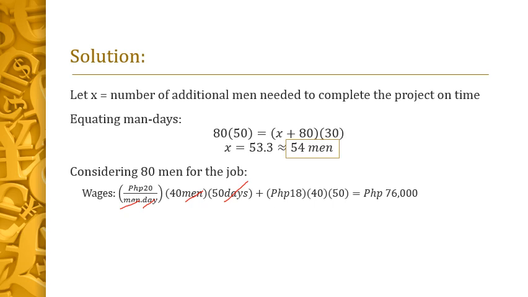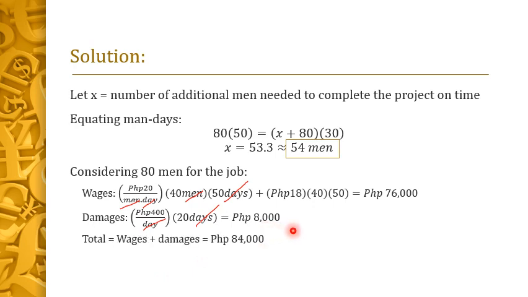Plus, for the other 40 men, that is 18 pesos per man per day times 40 men times 50 days. The sum of the wages is equal to 76,000 pesos. Next, as I've mentioned, the liquidated damages, which is 400 pesos per day, times the delay, which is 20 days. Cancel days. Damages is equal to 8,000 pesos.